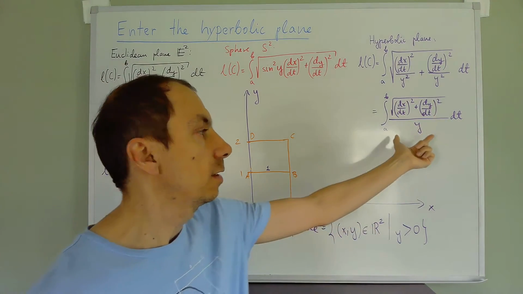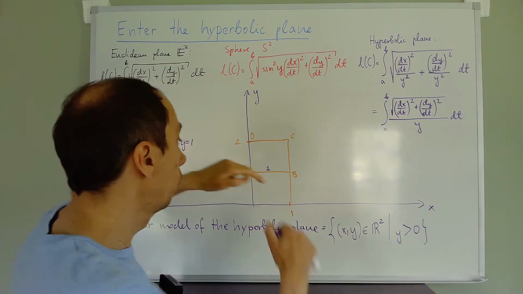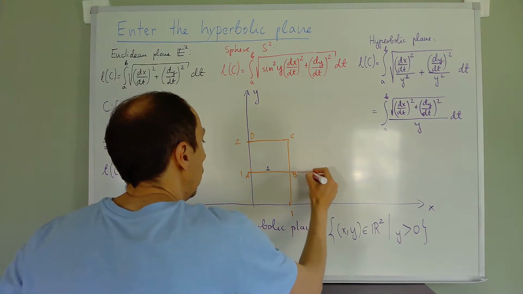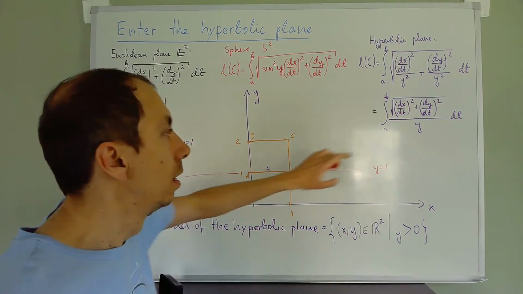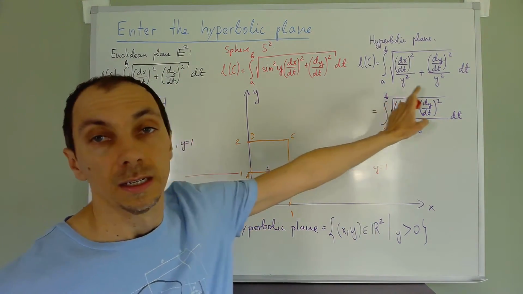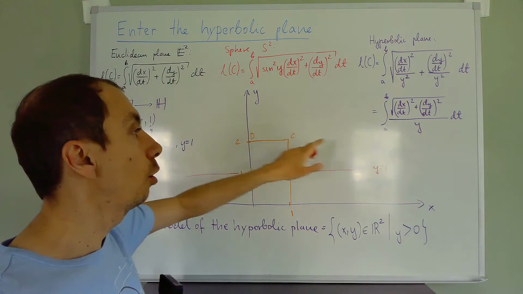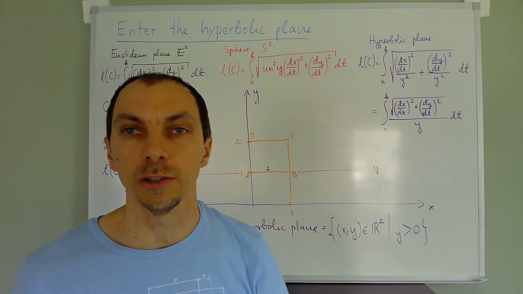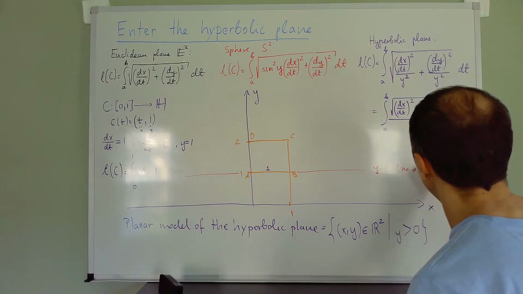And note, look at this formula. When y is equal to 1, so we are on this line here, then this formula becomes the Euclidean formula. There is no distortion of distances if we are on the line y equals 1.